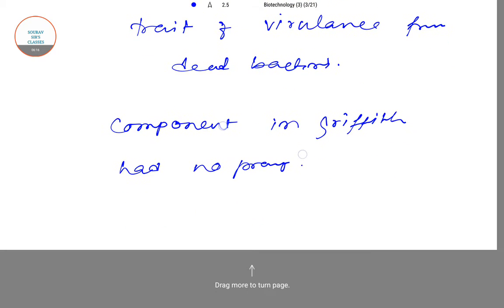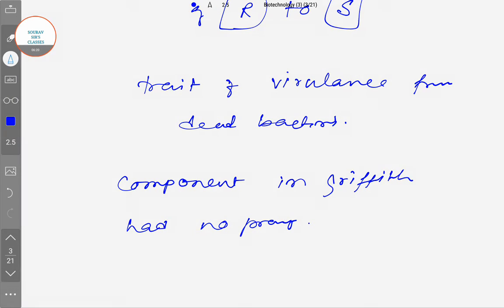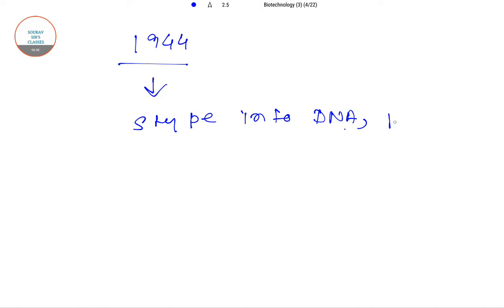Then Avery and McCarty, in the year 1944, separated the extract of S-type bacteria into DNA, carbohydrates and proteins.